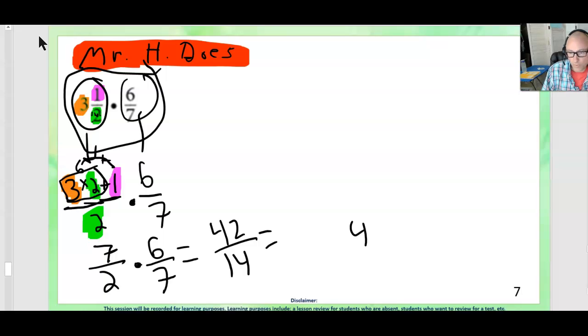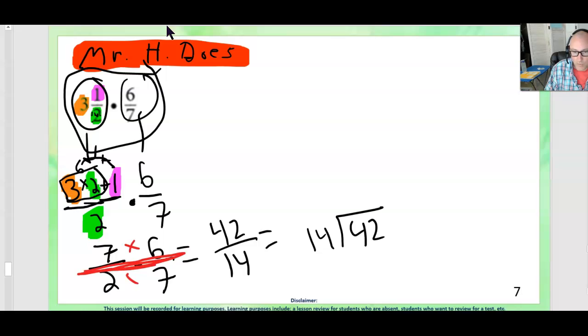You can also do 42 divided by 14. But I want to go back and show you one of my favorite things in the world to do. When you see something like this, look at it as just one fraction, where you have 7 times 6 on top and 2 times 7 on the bottom. And what's awesome about this, and one of my most favorite things to do, is cancel things out. Abracadabra.